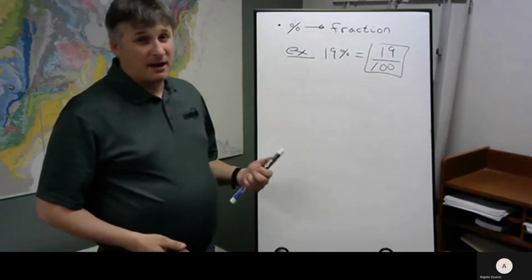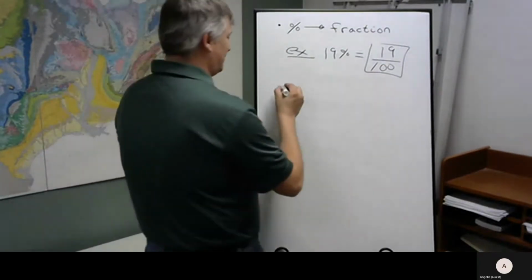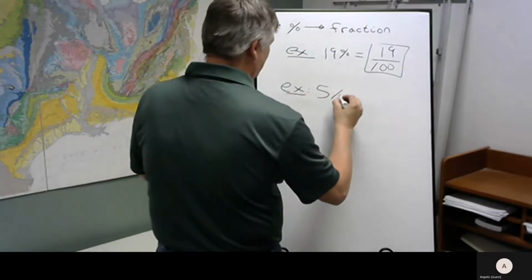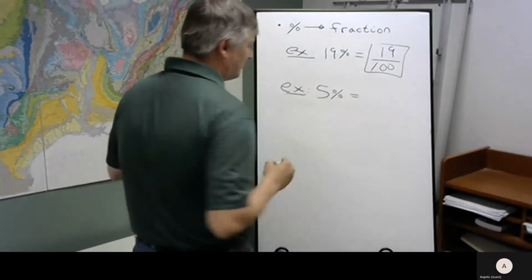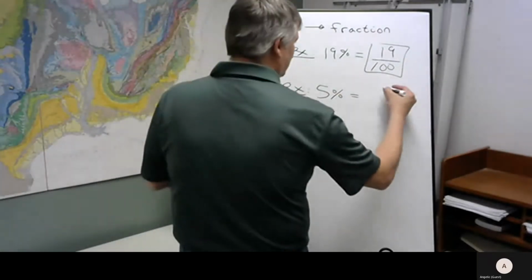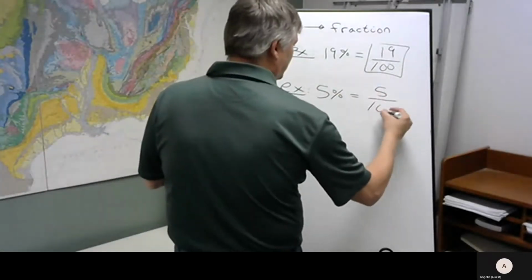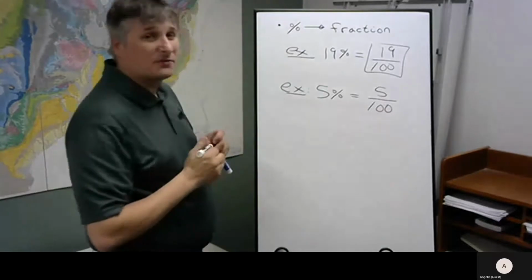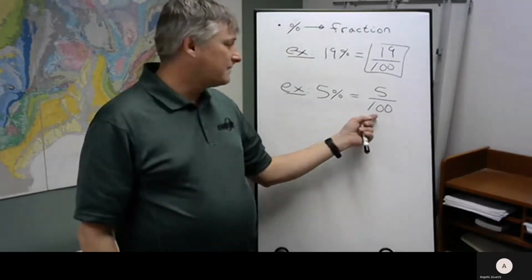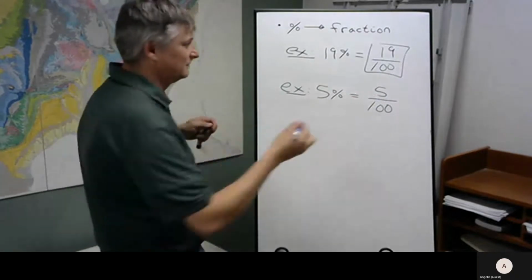Now, let's say there's something like 5%. Well, again, we can write it as a fraction. This will be 5 over 100. But this is a fraction we can reduce. 5 will divide into 5, and 5 will also divide into 100.